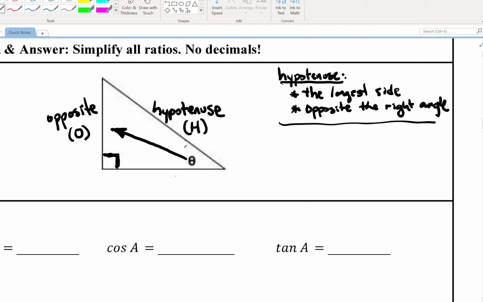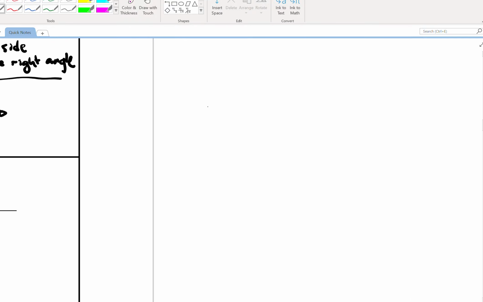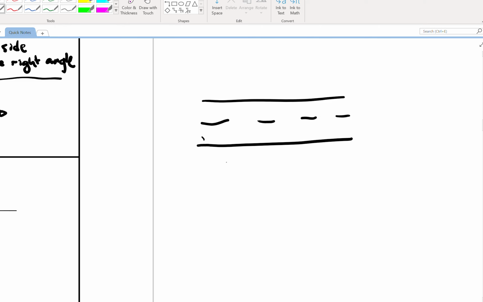And then the word adjacent, spelled like this, adjacent means next to. So let's just pretend here for a second, this is a street that goes through my neighborhood, and this is my house, and this is my neighbor.